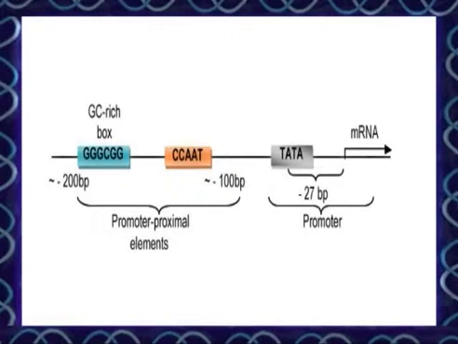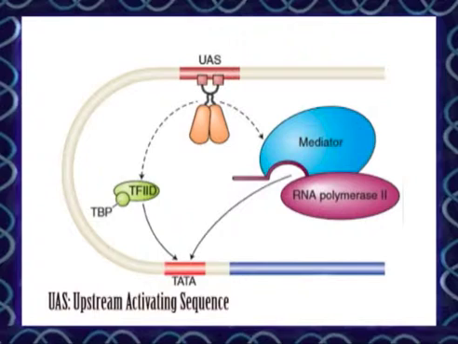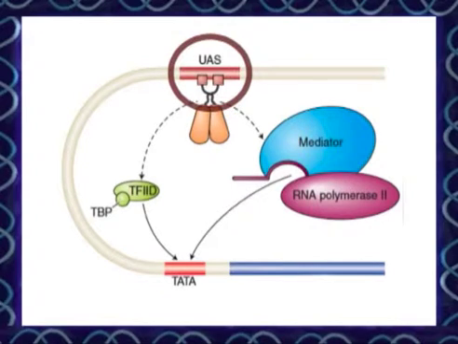The second group of protein components consists of specific transcription factors that bind to cis-acting regulatory sequences in the DNA called enhancers or upstream activating sequences. These regulatory sequences may be located a considerable distance from gene promoters.